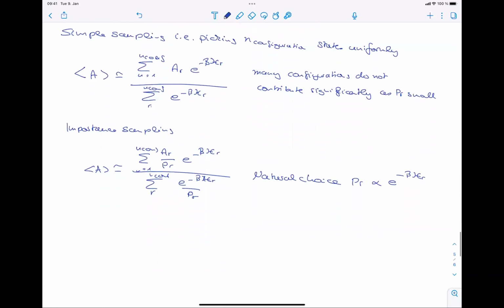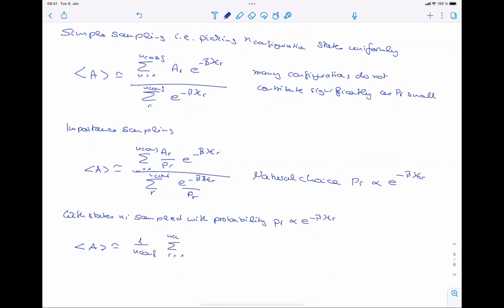And so with states N_i now sampled with probability P of R, we get that A becomes the sum over the number of configurations, because obviously the Boltzmann factors just happily cancel out.